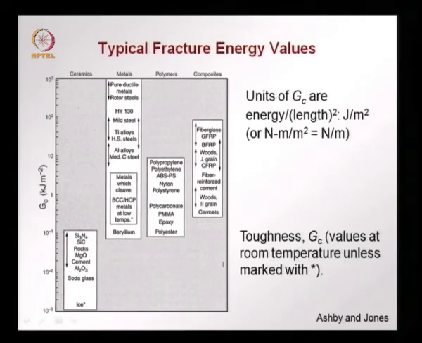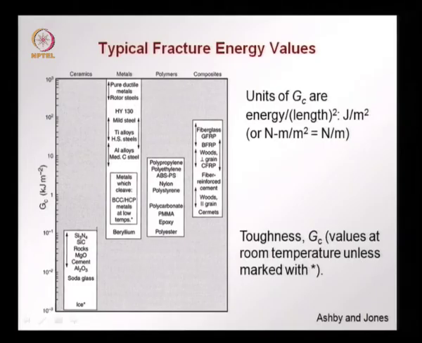Fracture energy can also be determined, and this is a chart again from Ashby and Jones showing typical fracture energy values. We find again that the fracture energy for brittle materials like ceramics, rocks, cement, glass are at the bottom. We have here the group of brittle materials, and at the top we have the pure ductile metals and the alloys that follow.